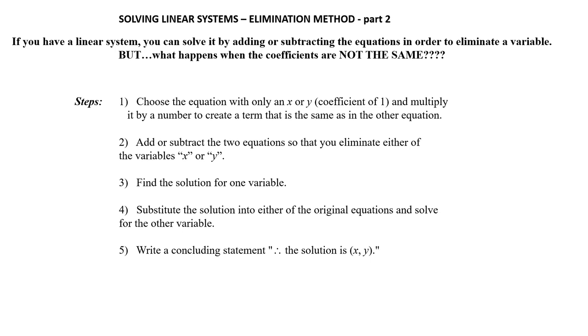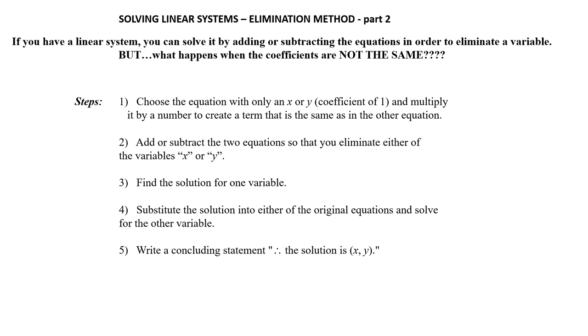In every elimination example we've had so far, we've been fortunate enough to have the coefficients of the variables be the same so that we could eliminate them by subtraction or addition. But what if we run into a situation where this isn't so, where the coefficients are different?